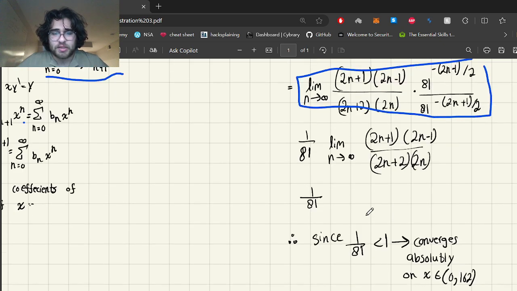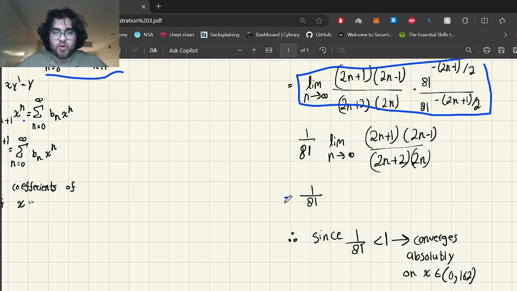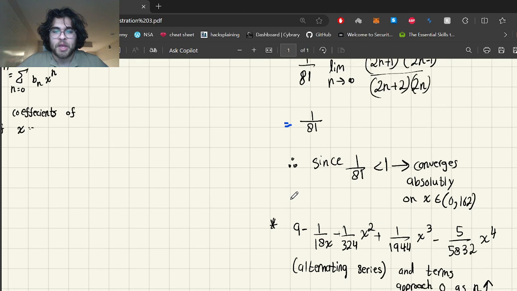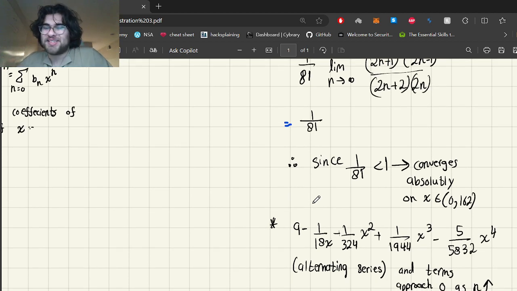So this factors out to 1 over 81. Now, since 1 over 81 is less than 1, this converges absolutely on the interval. So basically, in the ratio test, if L is less than 1, then it converges absolutely.